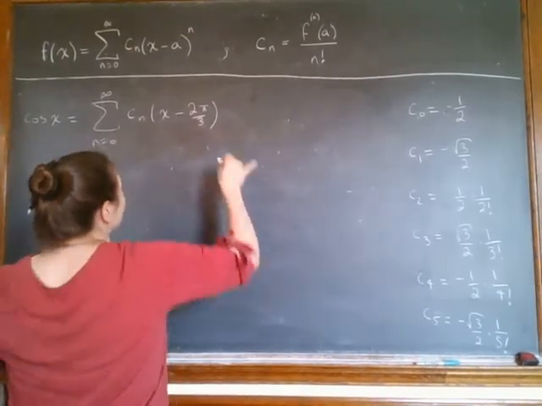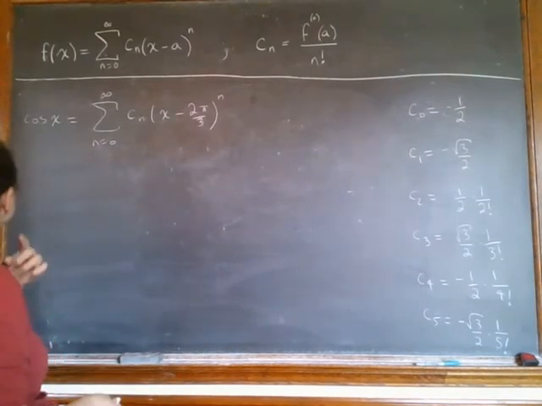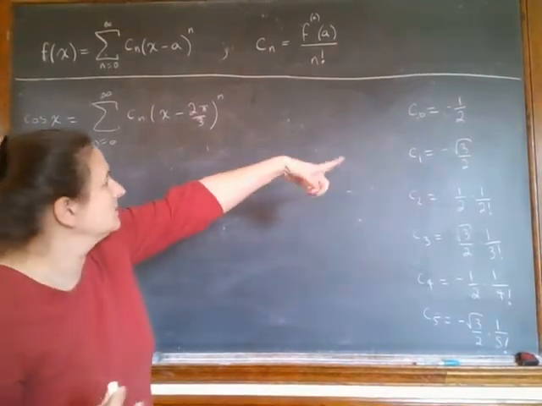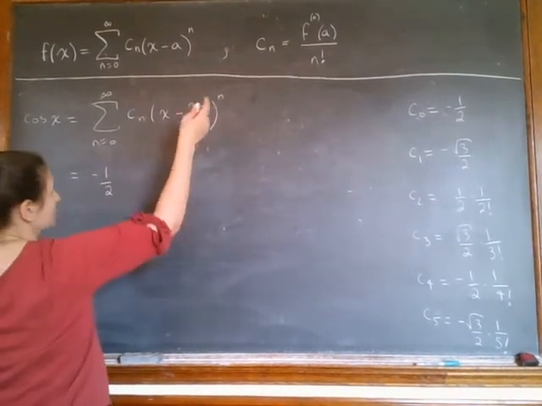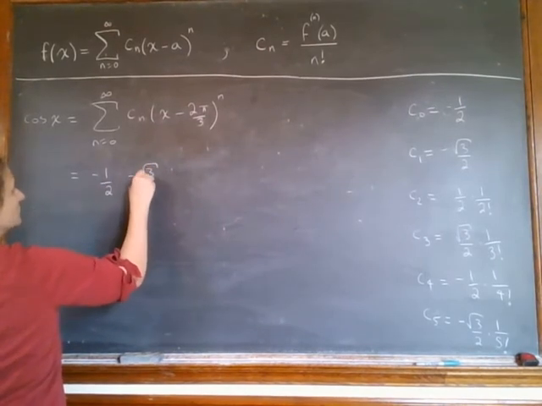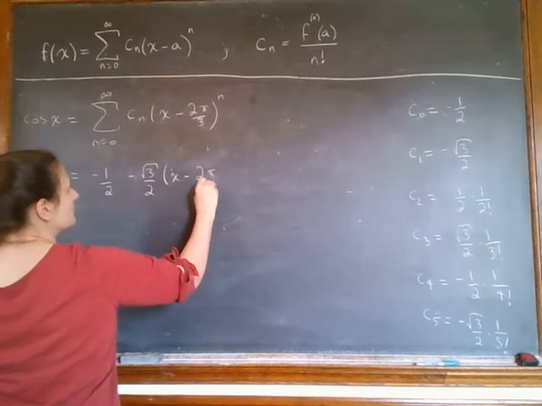That's the a to the n. Okay? So let's write it down. C0 is negative 1/2, and then that's 0, so that's just 0. C1 is minus root 3 over 2 times x minus 2 pi over 3.